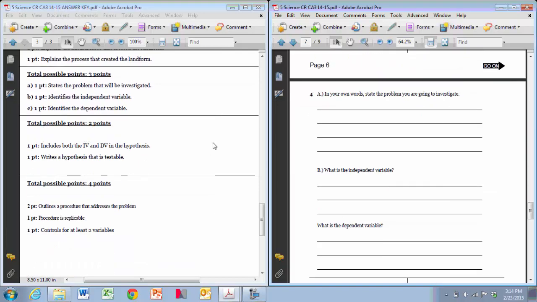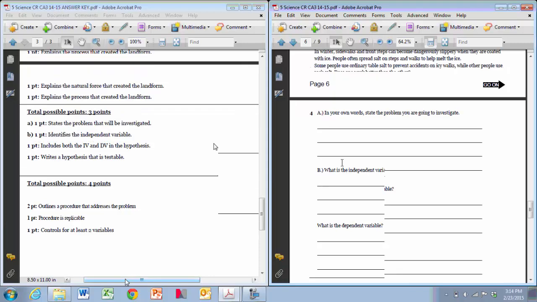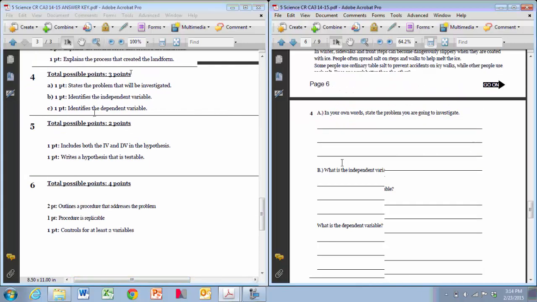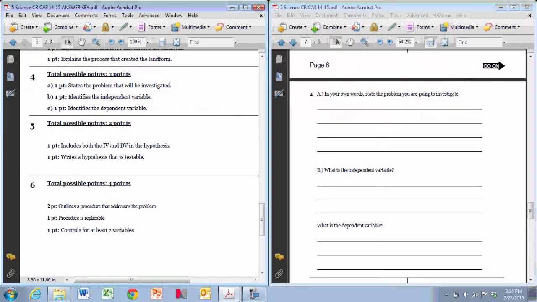So we get started. Number 4 right over here is worth 3 points total for parts A and B. The very first question asks them to state a problem. They should state it in a testable question that they are able to test.